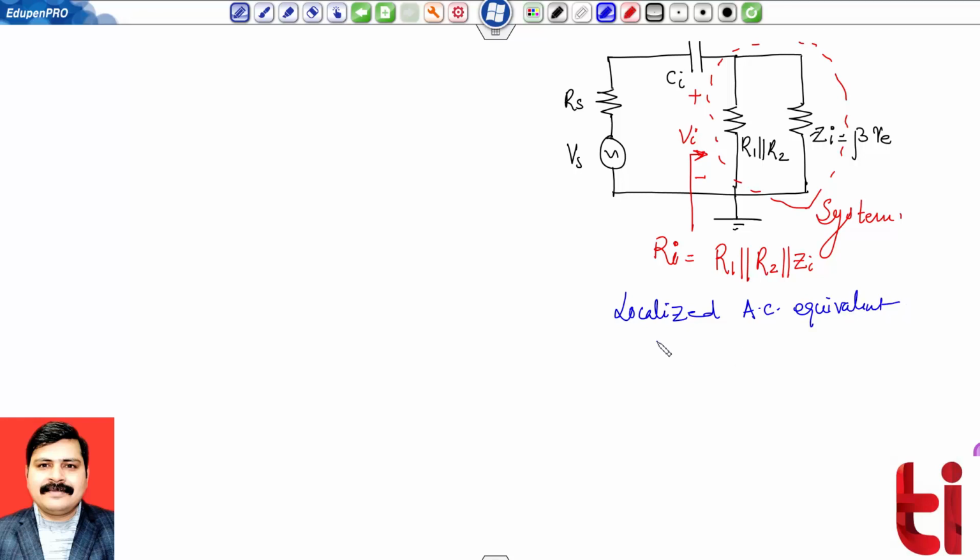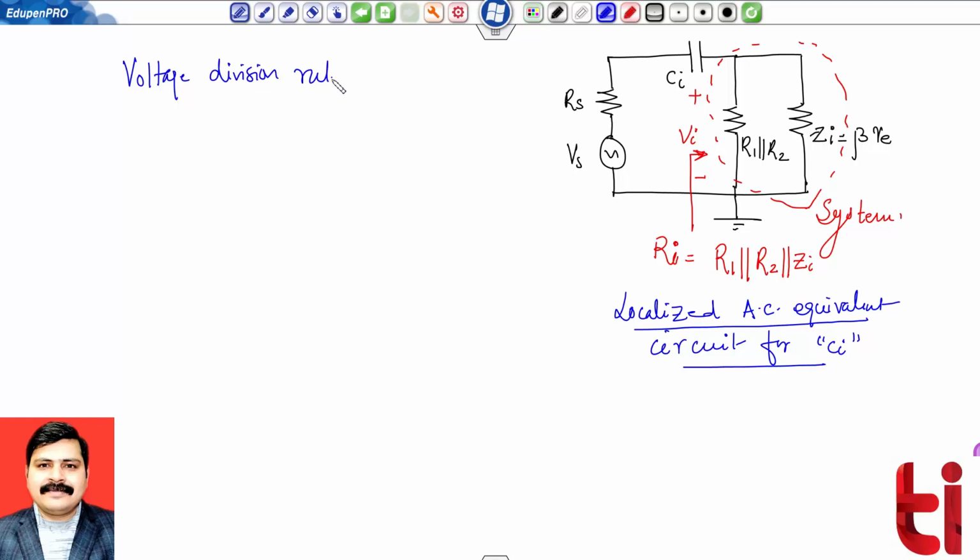This is my localized AC equivalent circuit for input capacitance Ci. And now I can easily calculate the effective voltage Vi with reference to the source voltage by using the voltage division rule.